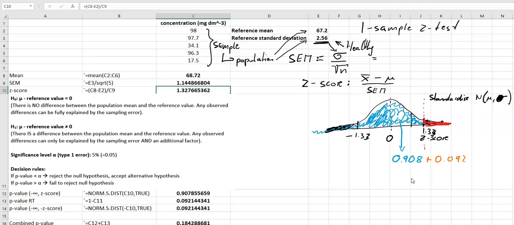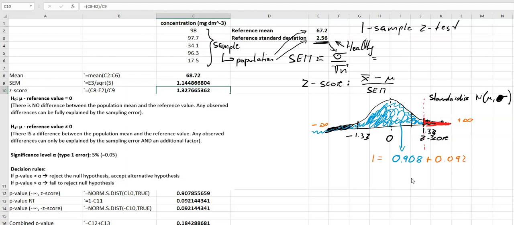Because we know that the area under a probability distribution, whatever this distribution is, which goes from negative infinity to positive infinity, always adds up to 1.